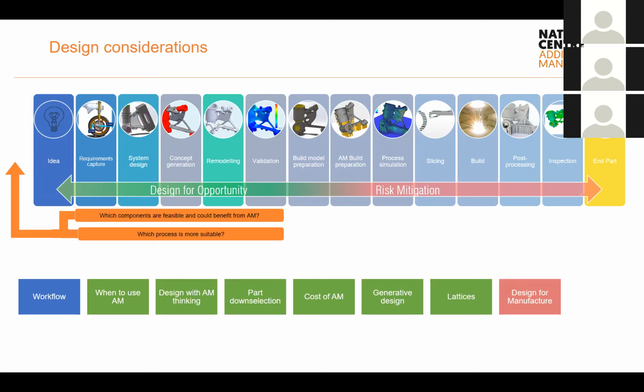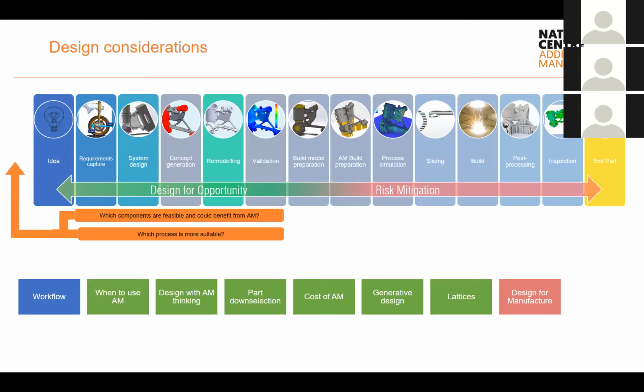As you can see here, I changed the color of the box, related to the arrows from before on design for opportunity and risk mitigation, where we have a different mindset. We have all those green ones mentioned before, where we are trying to optimize and get the benefit of additive manufacturing, and design for manufacture is a key step in the design process.